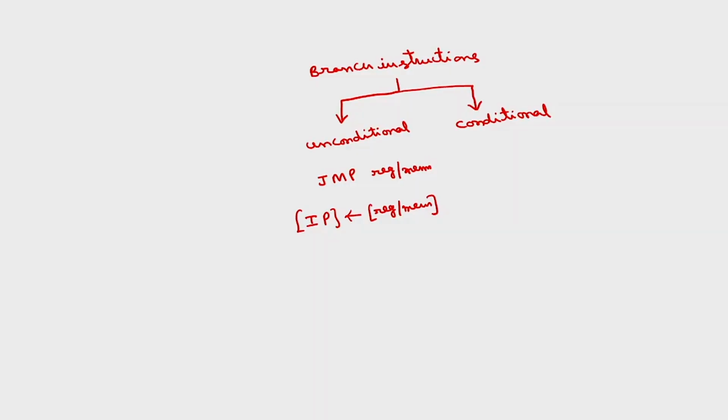If you want to execute the instruction which is located at a particular address, then you have to write simply jump comma that address. If I take an example, JMP BX, if BX contains 5000. I will come to the conditional instructions later.